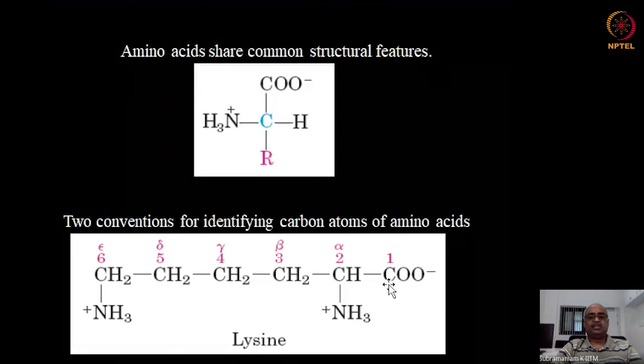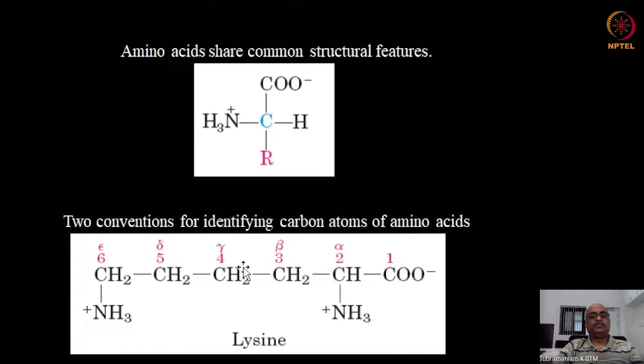The carboxyl group is number 1, just like in any aliphatic acid. The carboxyl group, the functional group, is where we start. But by convention, people earlier named this central carbon, central in terms of the moieties attached to it, as the alpha carbon. So we have two concurrent naming schemes here.